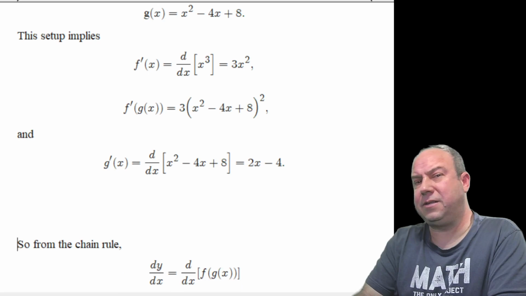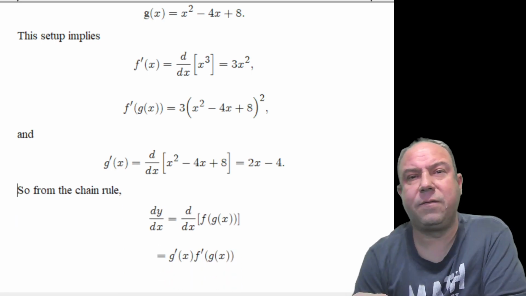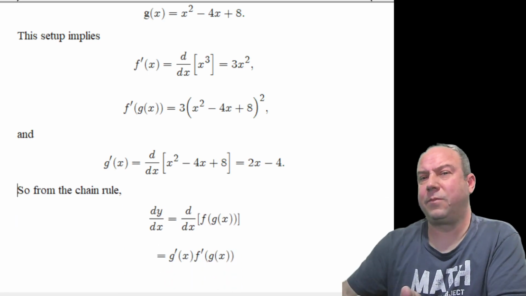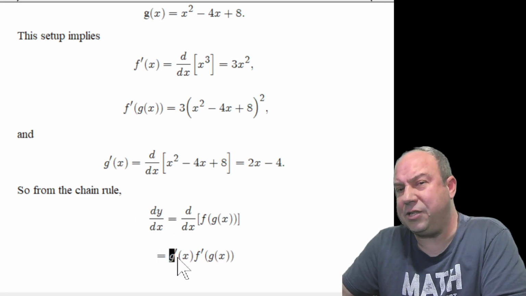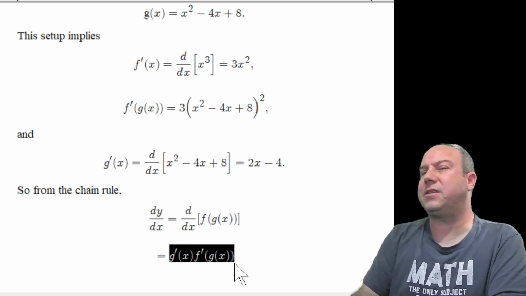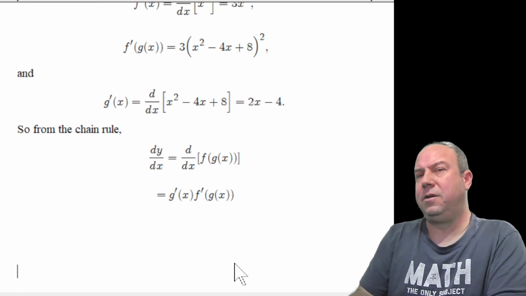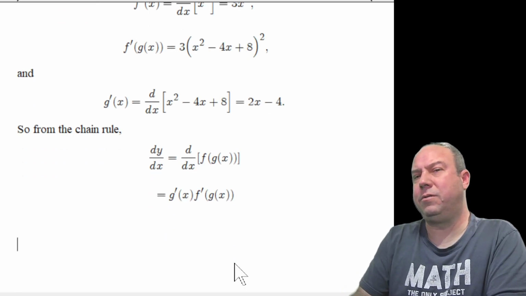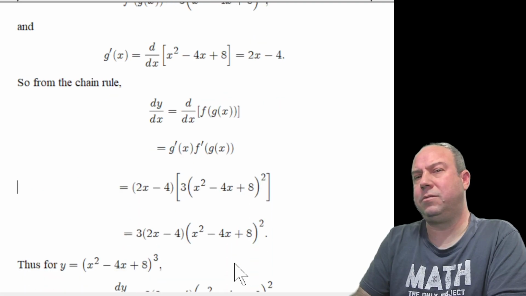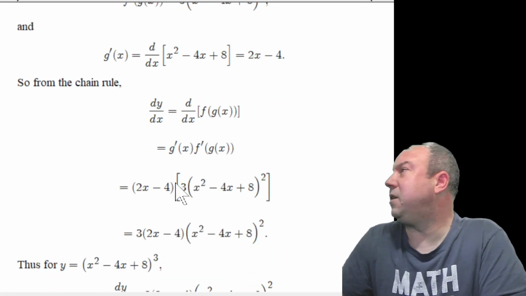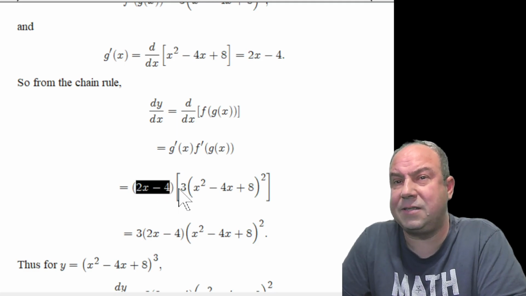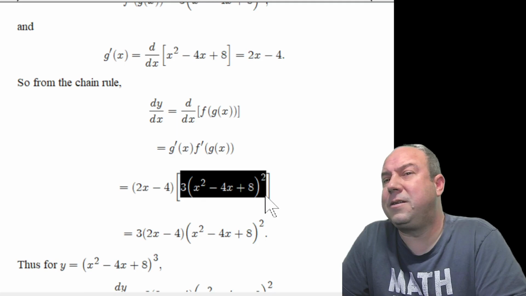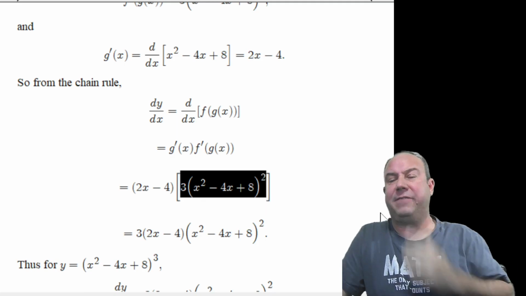So thus, from the chain rule, we can set up that dy dx is going to be that g prime times f prime at g of x. Or if we bring that into view, we can see that that does give us the quantity 2x minus 4, g prime of x, times f prime evaluated at g of x.